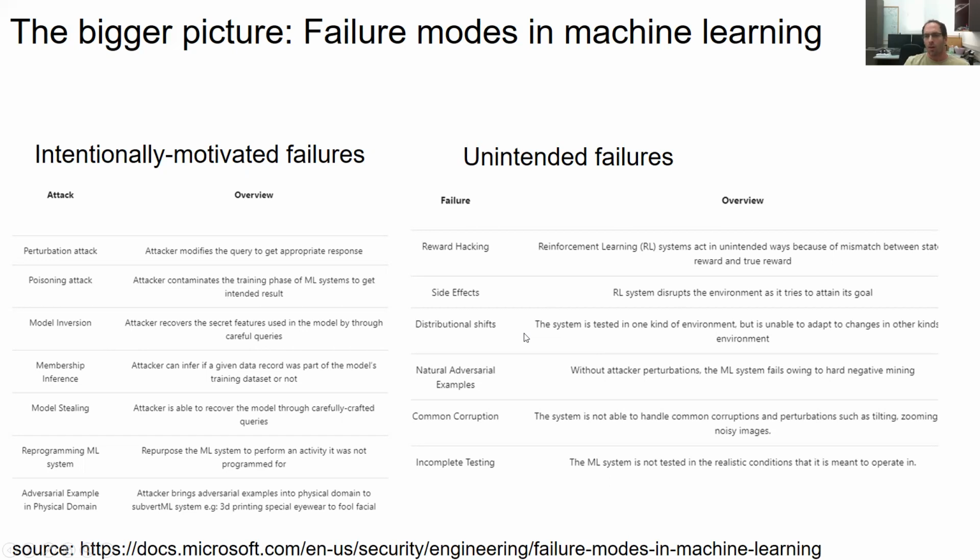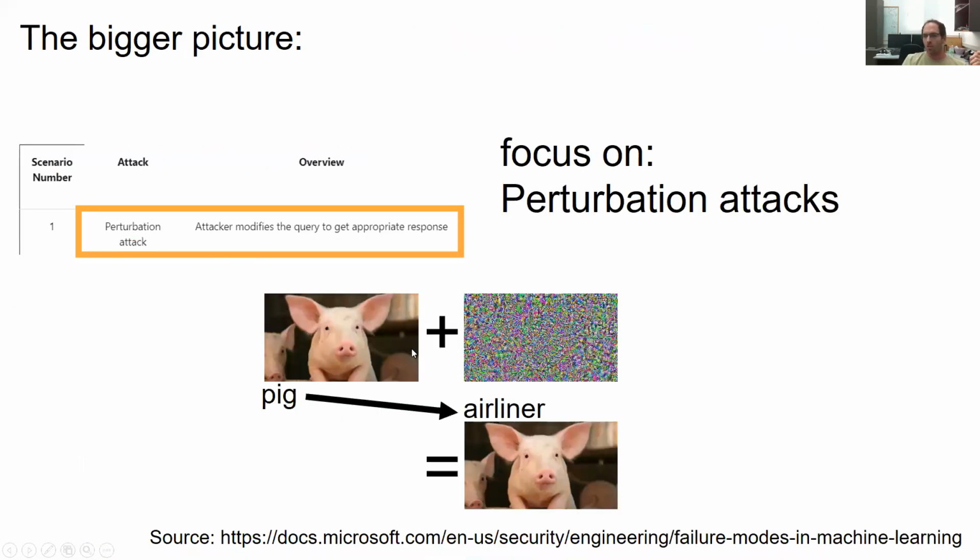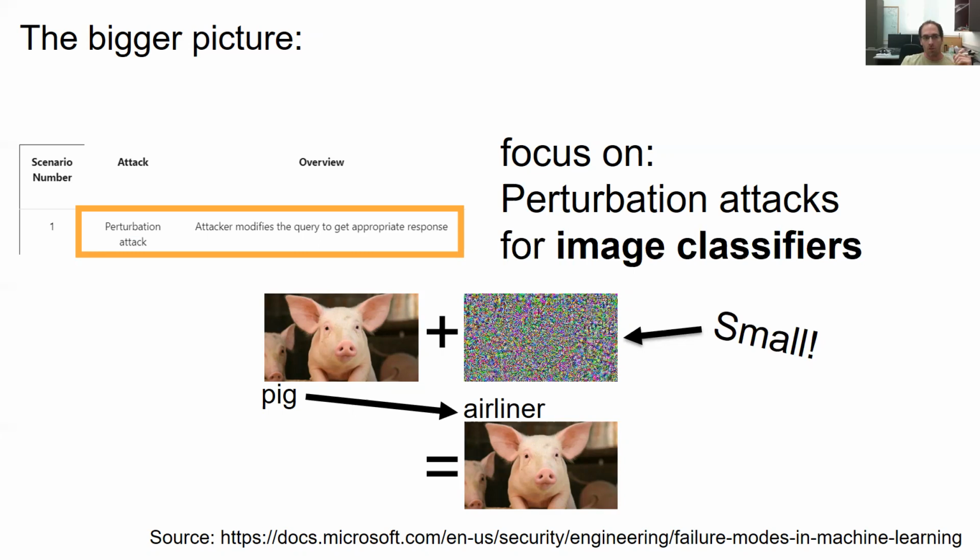And we are going to focus only on this failure, which is the perturbation attack, which is probably what most people think of when they hear the words adversarial example. So it's important to remember the bigger picture, and that we are going to focus on these perturbation attacks, which is when you take a real image and you add a small delta to the image in order to fool the classifier. We are also going to focus on image classifiers.